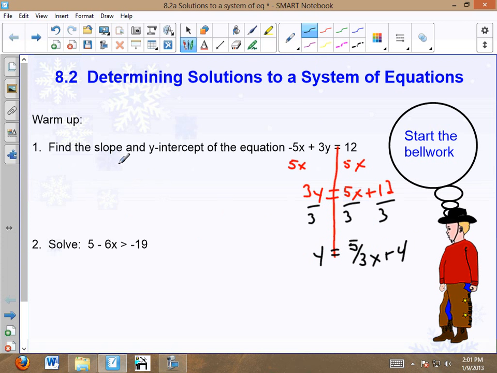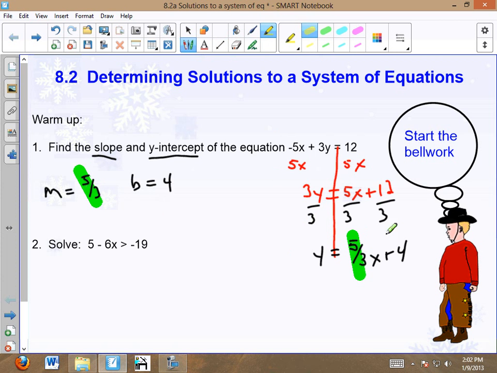That didn't answer the questions. They want to know what's your slope and your y-intercept. So I have to put m equals 5 over 3, b equals 4, because that's my slope, and that's my y-intercept. Okay?